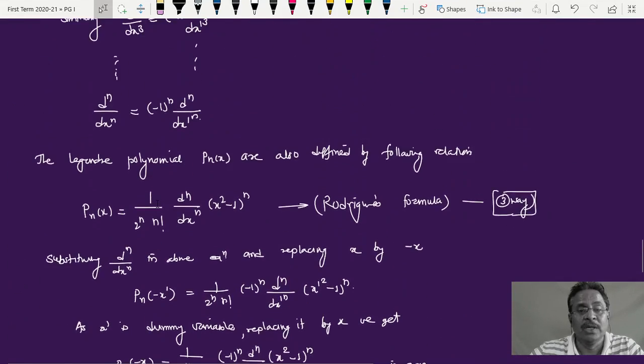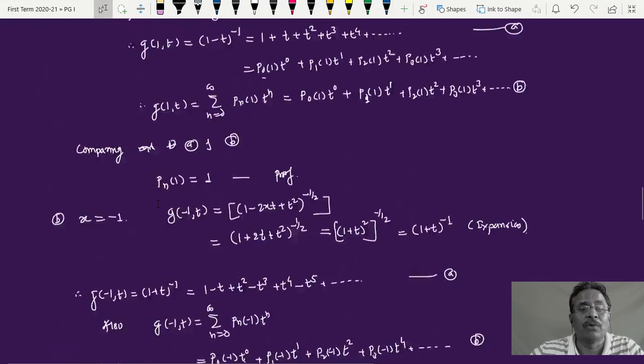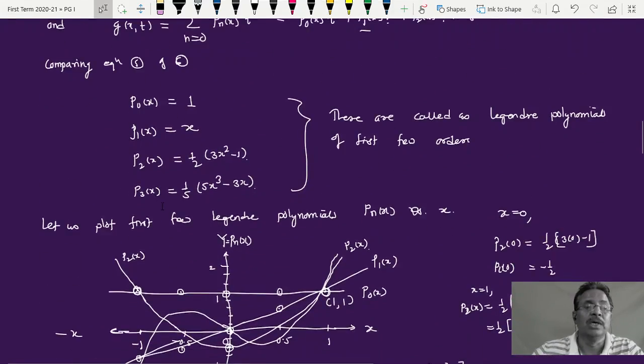The same formula, the same polynomials we obtained from earlier discussions, which we have plotted there. So P0 of x is equal to 1, P1 of x is equal to x, P2 of x is equal to 1 half into 3x square minus 1, and P3 of x is equal to 1 by 5 times 5x cube minus 3x.